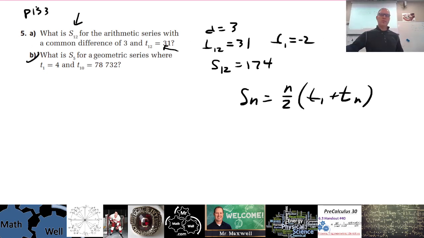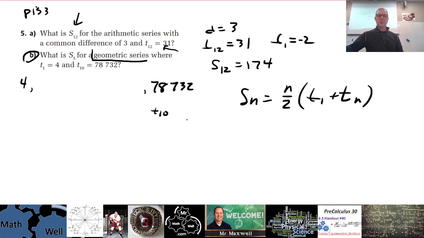All right, so B is what you're wondering about. So what's S of 5 for a geometric series where T1 is 4? Okay, so we could just write that. T1 is 4 right there. That's the first term. And T of 10 is 78,732. So this is geometric now.